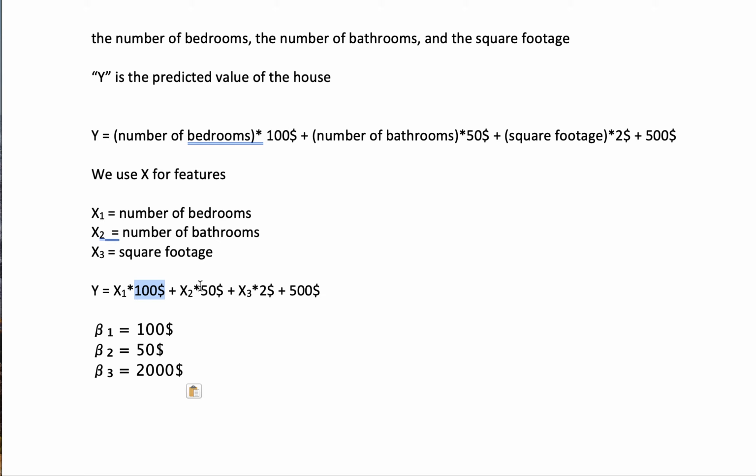We're going to replace the price per bathroom with beta 2, and the price per square foot with $2. Okay, so this is just a replacement. So let's do it.